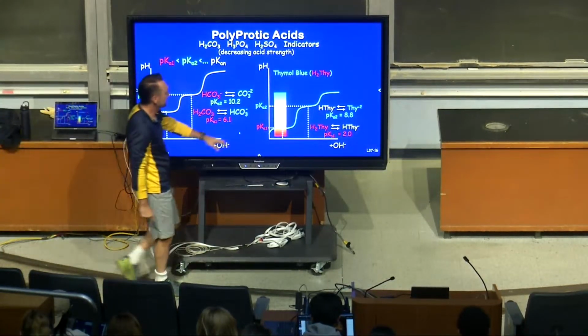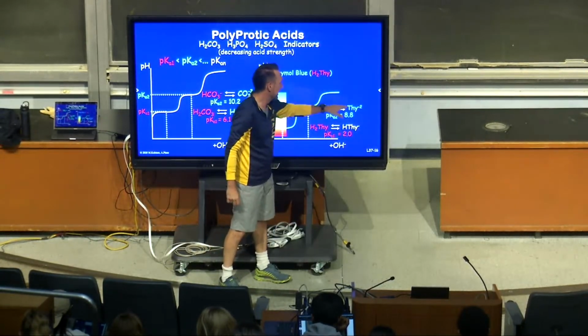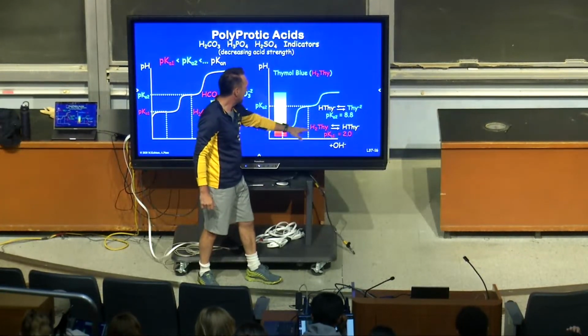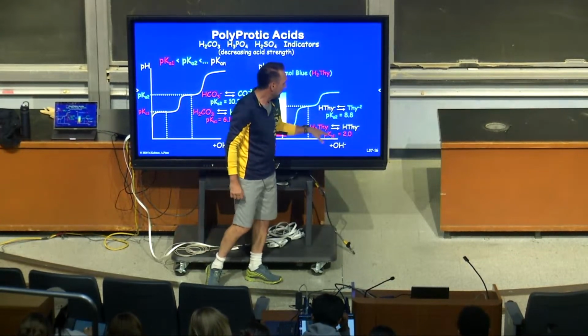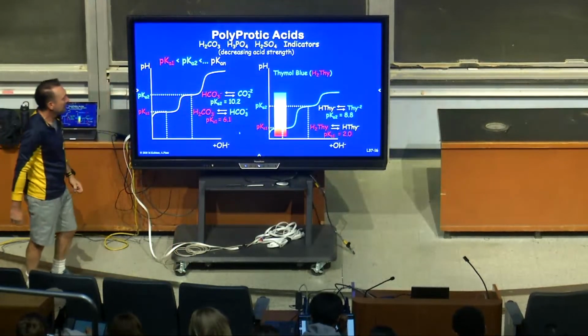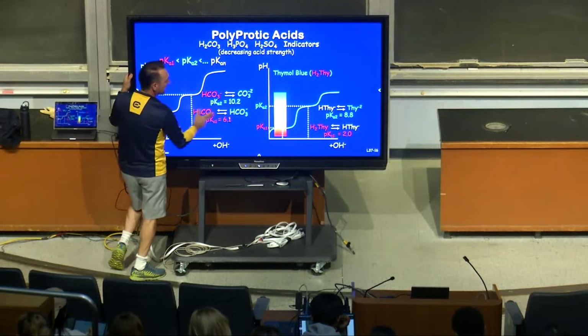Right here at pH 8, there's an equal concentration of the yellow and blue form right there. That's what half equivalence is. Right here at pKa 2, there's equal concentrations of the red and the yellow. There's very little blue. Okay? Lovely, straightforward, easy to understand.